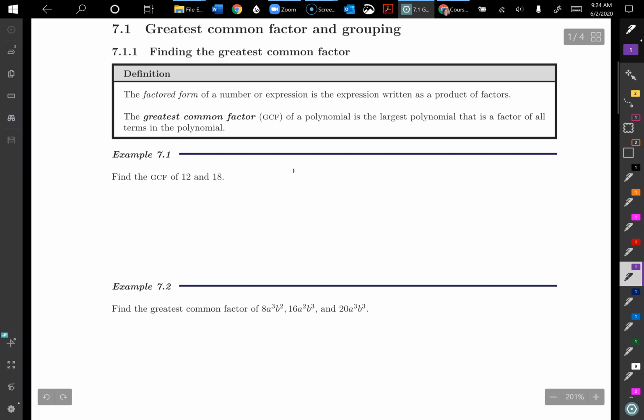So we would have 18, and that would break down to, if we wanted to do a tree diagram here, prime factor tree, 2 times 9, and then 9 breaks down to 3 times 3. And I usually like to circle my primes so I know.